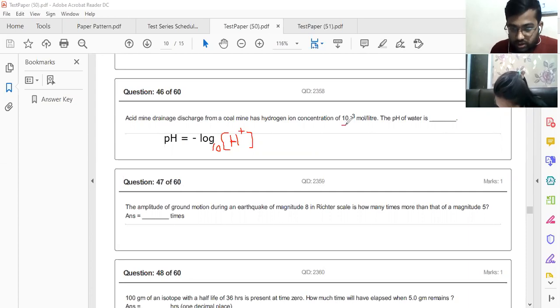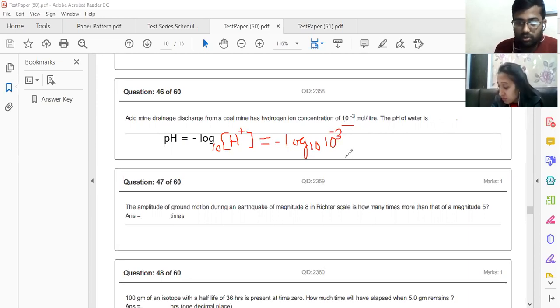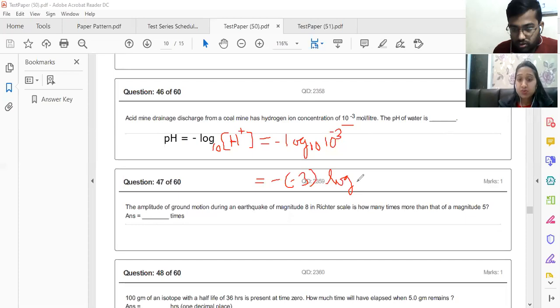Hydrogen ion concentration is given 10 to the power minus 3. Okay, so substitute in the given formula. We'll get minus log base 10, 10 to the power minus 3. Okay, so in log, if you have anything in power, shift it to the front. We'll get minus 3 log of base 10 to 10.